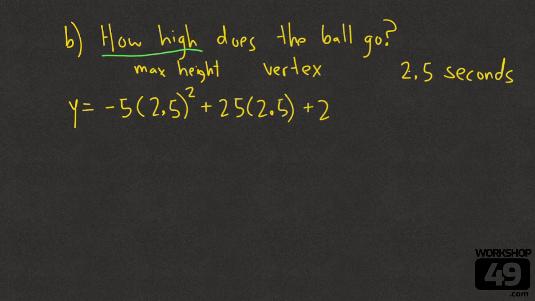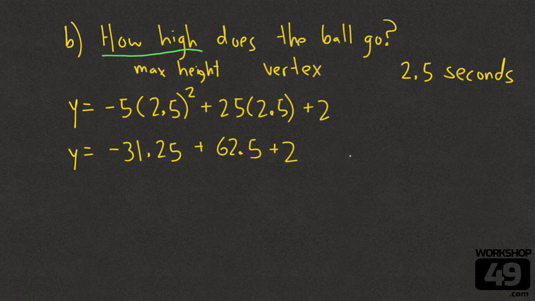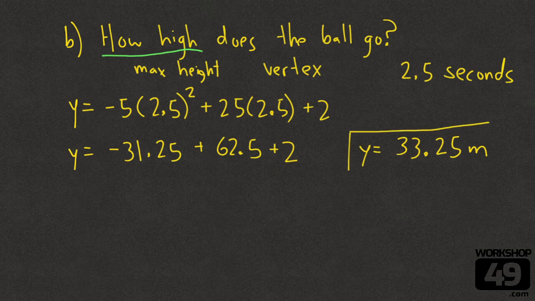We've just filled in the x value of the vertex into the equation. This is going to give us the y value of the vertex. Y is equal to, we're just going to clean this up, negative 31.25 plus 62.5, so that's multiplied, plus a 2, and our y is going to equal 33.25 meters. And that is our maximum height.